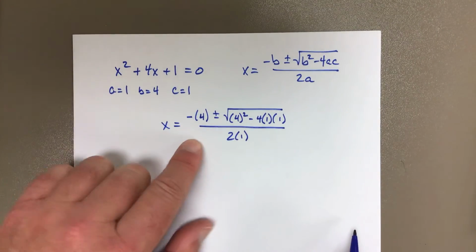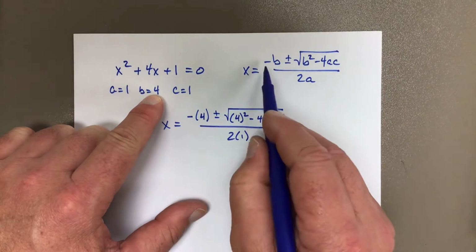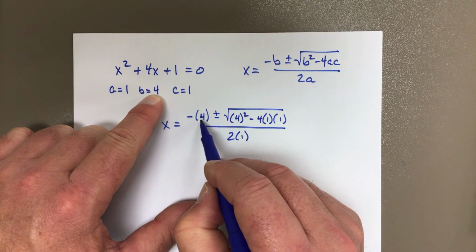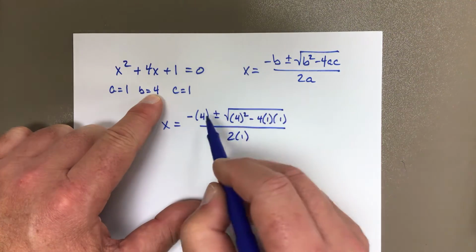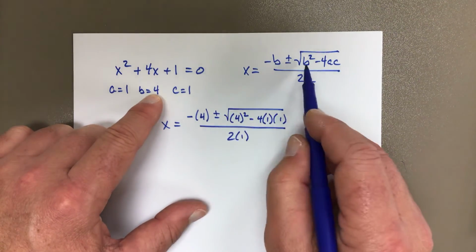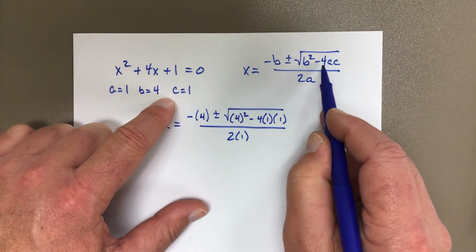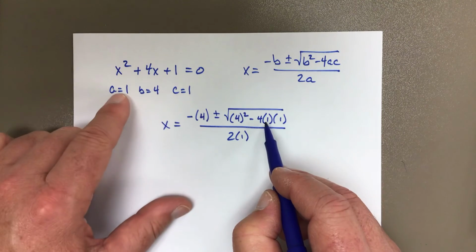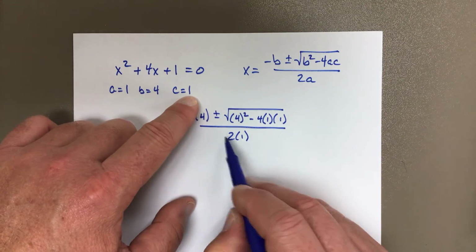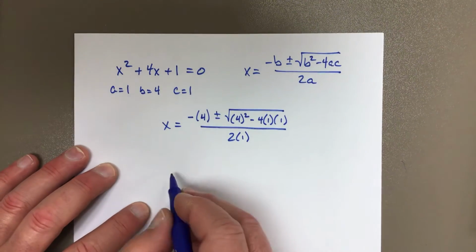All right, let's make sure I did this right. B is 4, so I put that there. This is not negative b, this is called the opposite of b, plus or minus the square root of b squared minus 4, that's a constant, a is 1, c is 1, all over 2 times a, which is 1. Okay, I did.